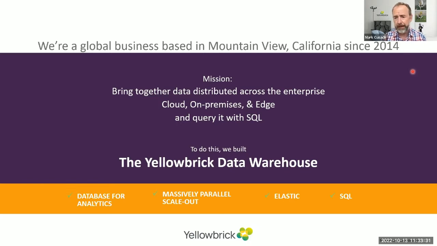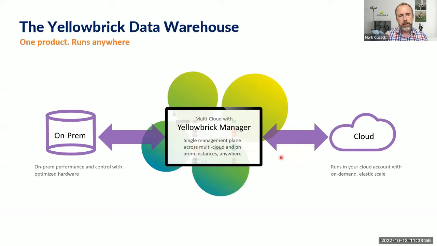We're massively parallel in the way that we can scale out. We're fully elastic as well. We run on every public cloud and on-prem as well. And as I mentioned, we support SQL as our query language. So Yellowbrick Data Warehouse is a single product with a number of different deployment options. And as was hinted at earlier, we follow a microservices approach in the way that we've implemented Yellowbrick.